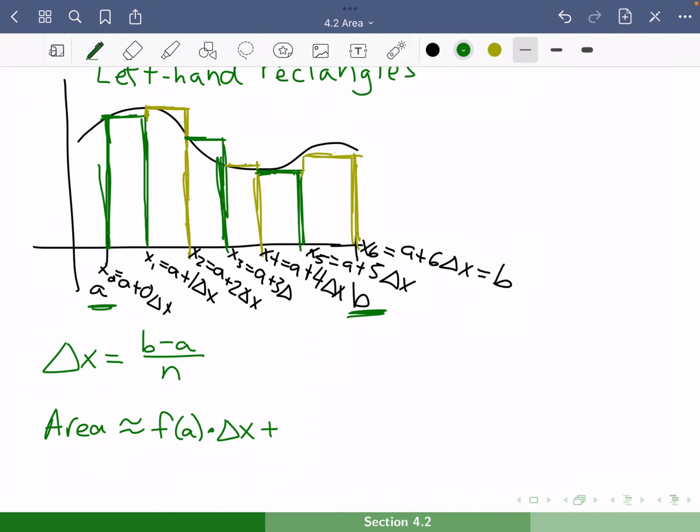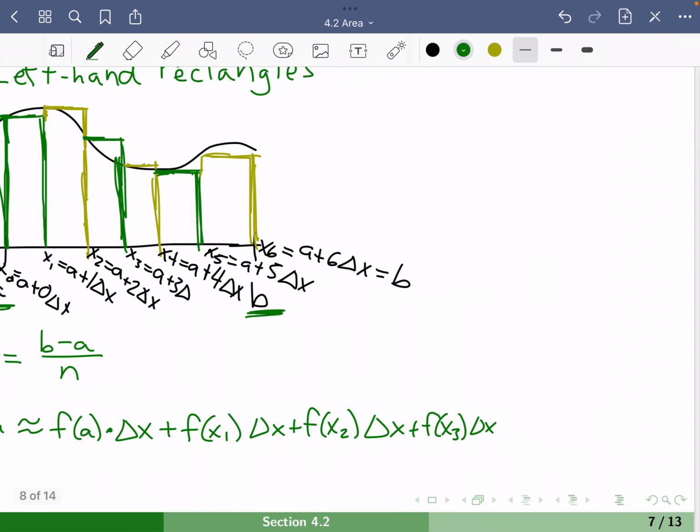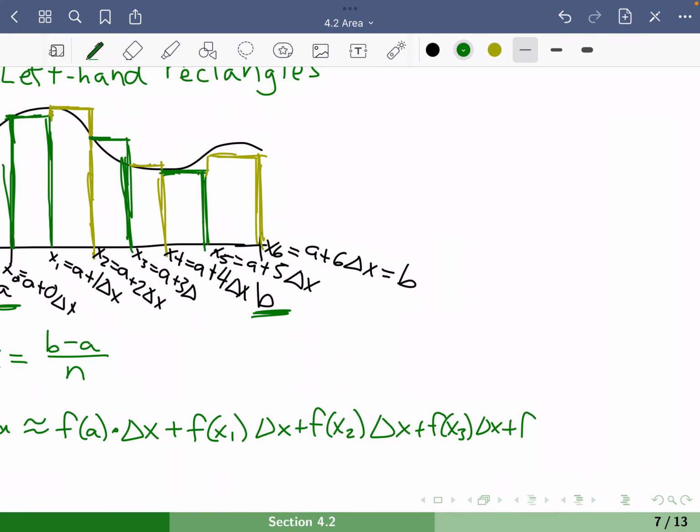So we have f of a times delta x plus f of x1 times delta x plus f of x2 times delta x plus f of x3 times delta x plus f of x4 times delta x plus f of x5 times delta x.